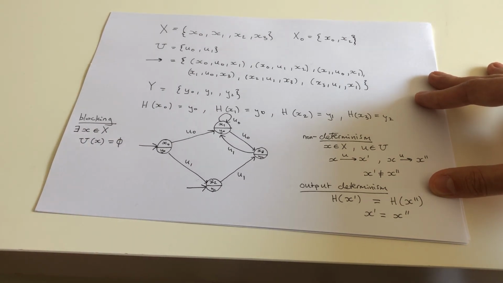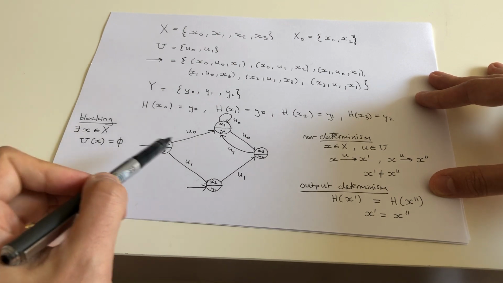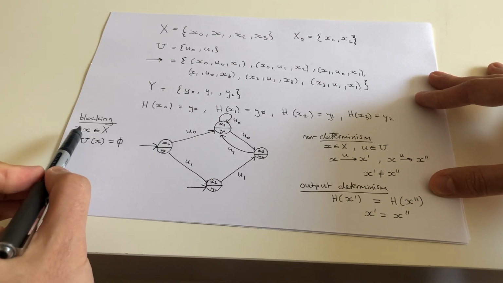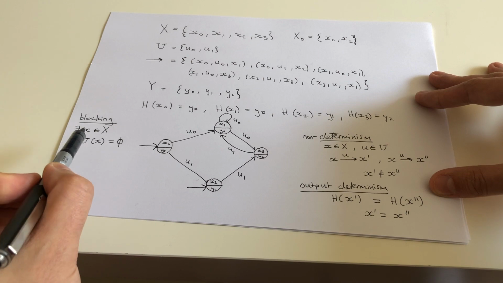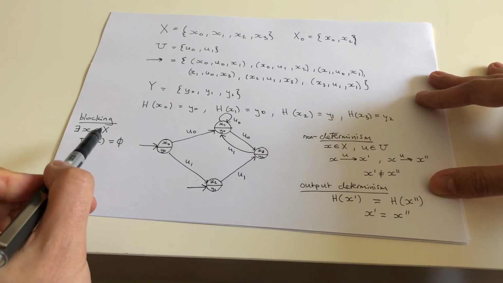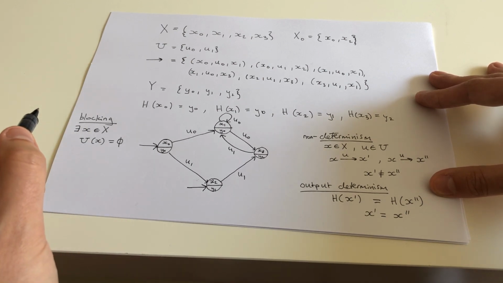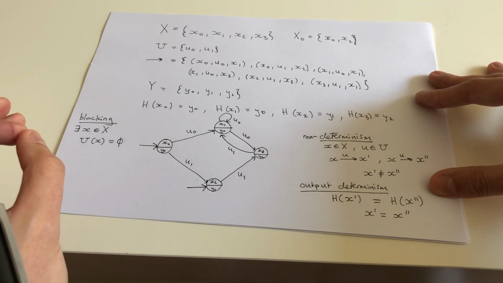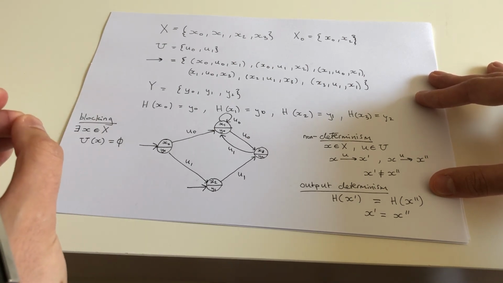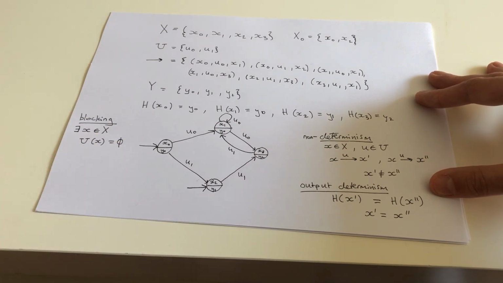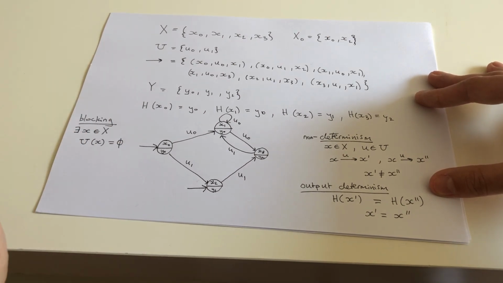And what that means is that there should be some state within the system where there is no input which gives us a successor state. So in essence, when you reach that state, the system is now blocked because you can't transition anywhere else. There are no transitions that follow from that state.